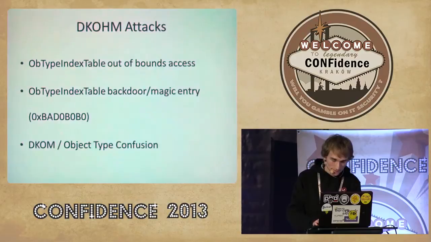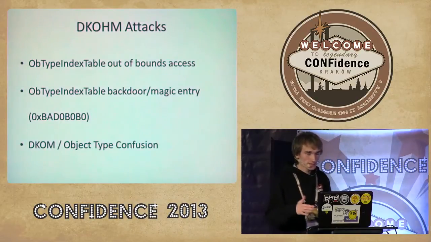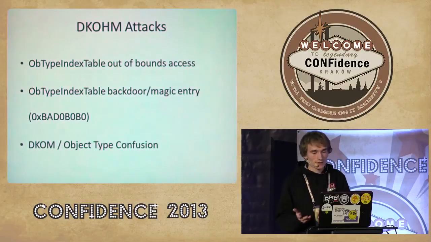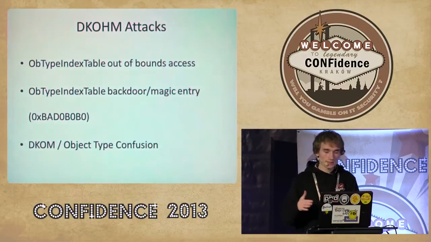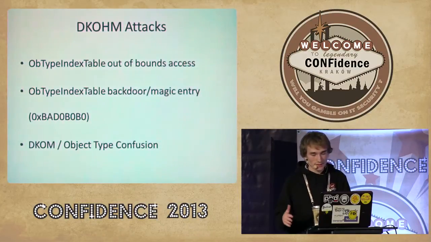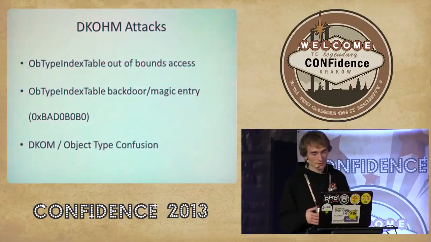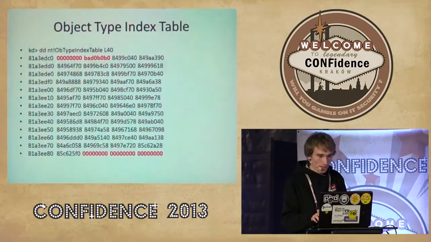There are several ideas in this technique. The first one is using out-of-bounds access of this array. Next is a special entry, which is bad bobo. And the next one is object type confusion, aka direct kernel object manipulation.